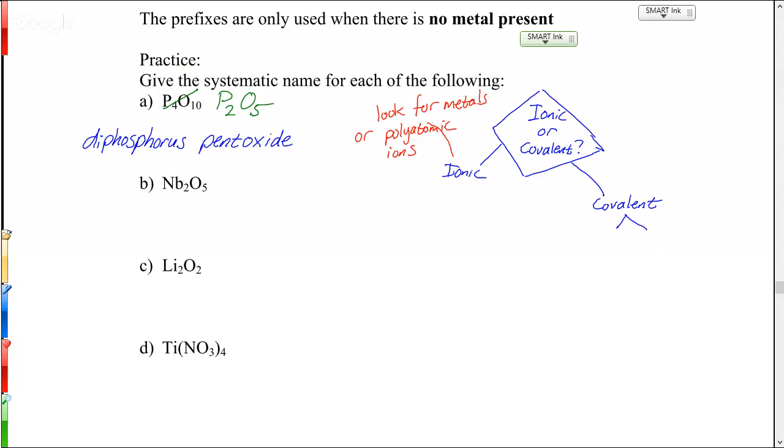Why can't we call that one that? Yeah, because now we've got a metal. Nb is a metal, it's right in the middle here. Is that a metal with a known charge or not? No. So that means we're in our next branch of our ionic flow chart here, where we ask, does it have a fixed charge or a predictable charge?